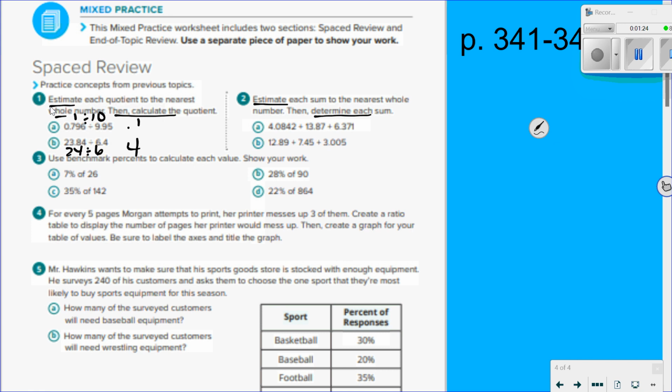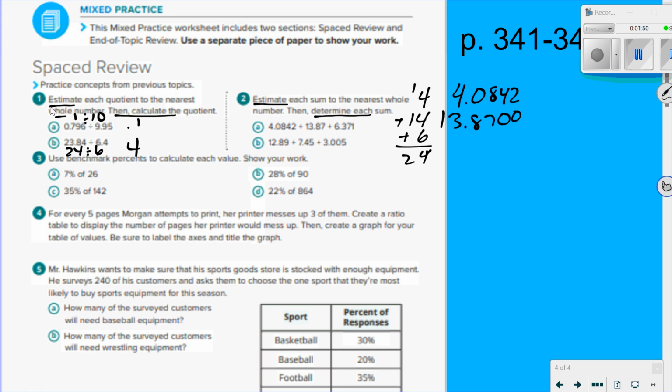Number 2: estimate each sum to the nearest whole number, then determine each sum. Again, 2 parts to each of these questions. Your first one is going to be somewhere around 4, 14, and 6. Those are the numbers I would use. Gives me 10, 14, 24. But then I need to do the actuals. Remember, when I'm adding decimals, my key rule is I must line up my decimal places.